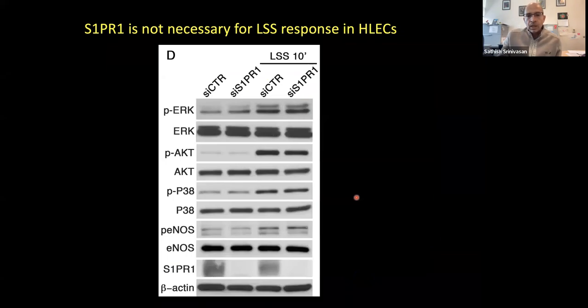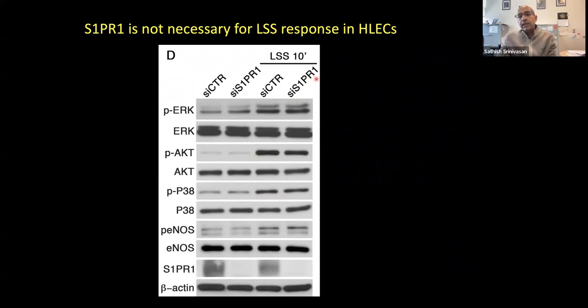The other thing that happens is that when you grow endothelial cells in the presence of shear stress, in this case laminar shear for 10 minutes, once again you can notice that the cells are activating AKT and ERK. This is very well known, and it also activates other signaling cascades like P38 and ENOS. These are all activated very rapidly.